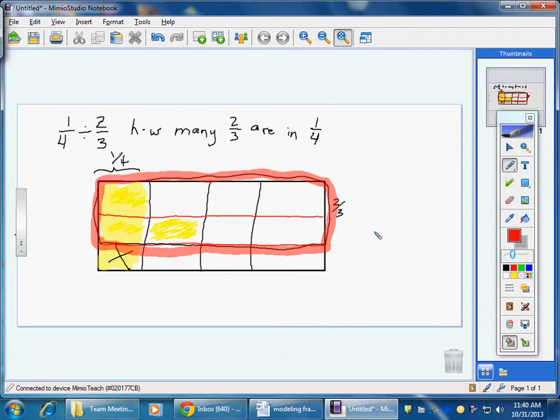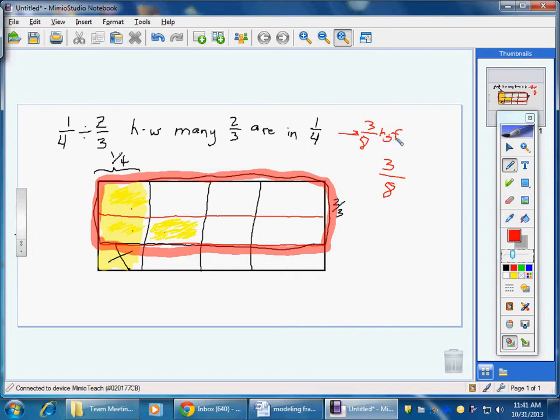So how many eighths of 2/3 are in there? 1, 2, 3. So what that is telling me is, how many 2/3 are in 1/4? Well, there's 3/8.